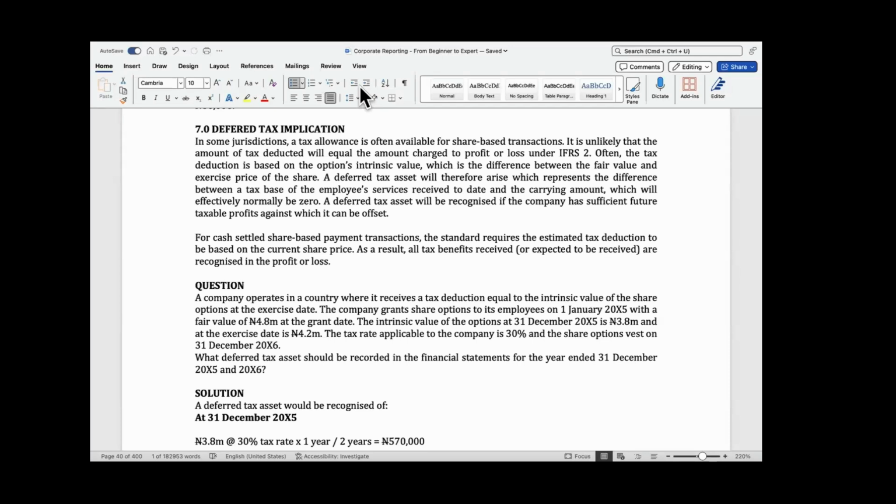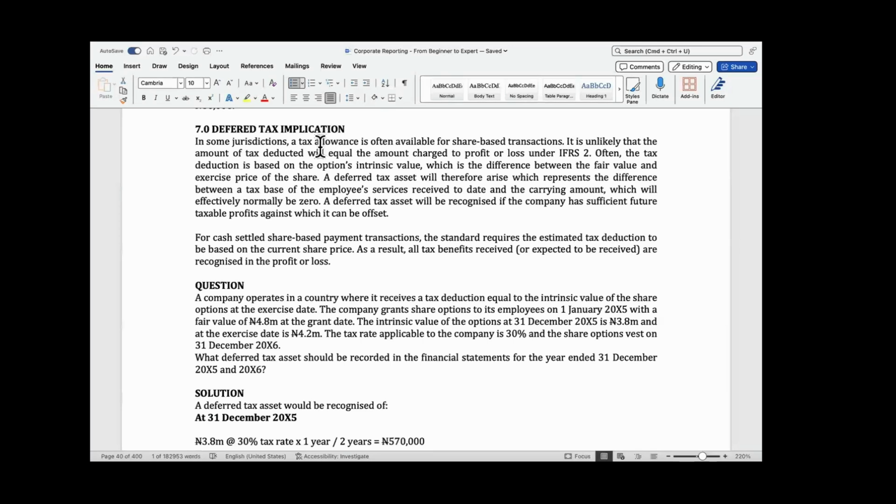So there is a temporary difference between what you are putting in your books and what the taxman will reckon with. And don't forget, when Mr. Kazim was teaching you tax base, he said that tax base of an asset is the amount that will be deductible for tax purposes in the future, which is applicable here.